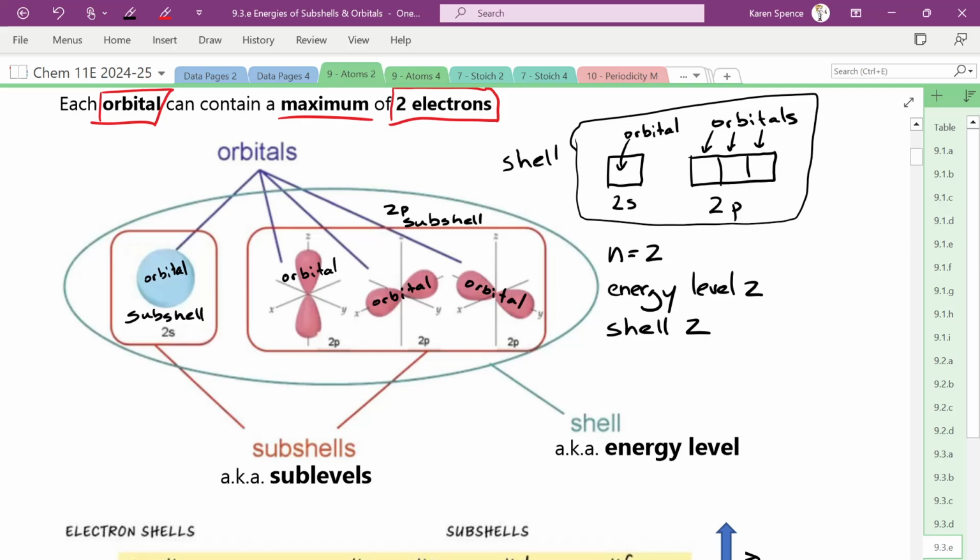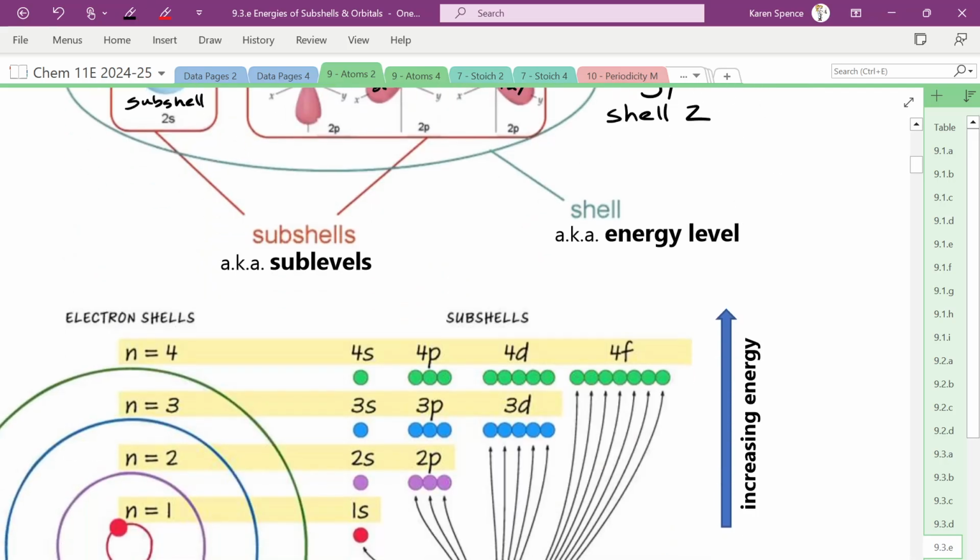Now we're going to talk about 2 different types of atoms today. We're going to talk about atoms that have only 1 electron in them. Who is the only atom that has only 1 electron in it? Hydrogen. So hydrogen is in a category by itself, okay?